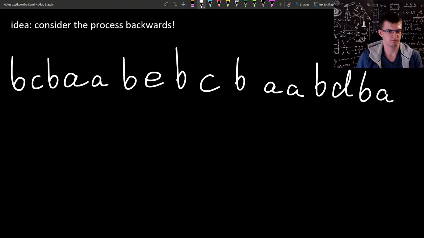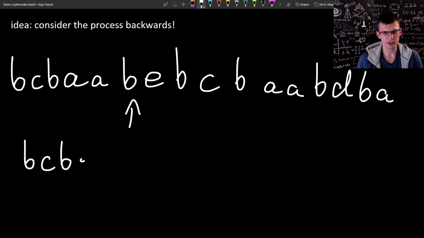Yeah, we can consider every interval here, but what really happens? What really happens after we, for example, have those two A's, and we say that the last operation is to print AA here? Then a moment before that, the string apparently was BCB, and here there could be whatever.